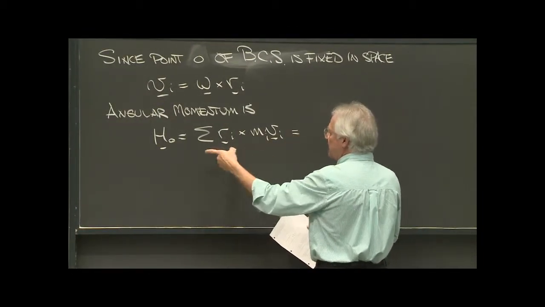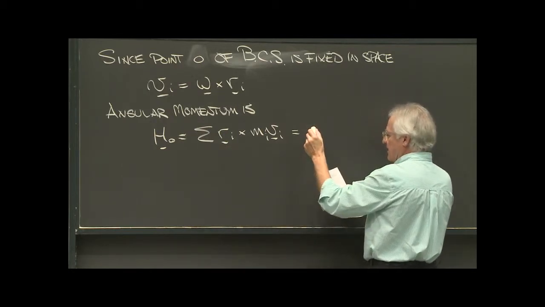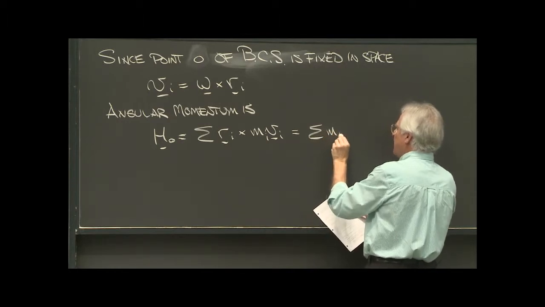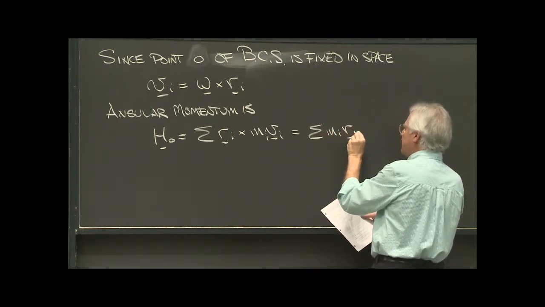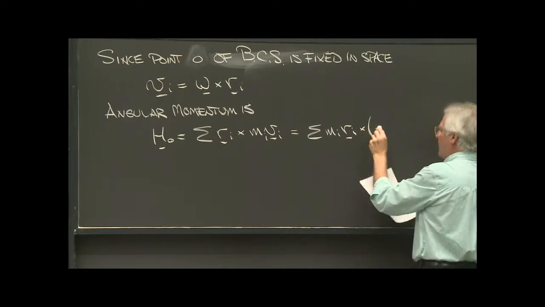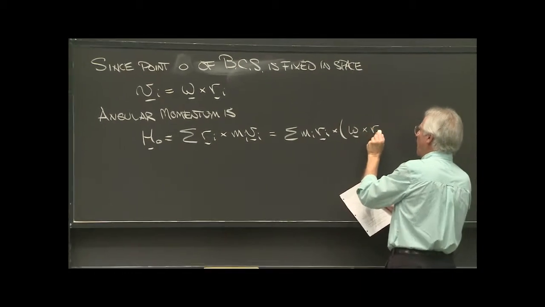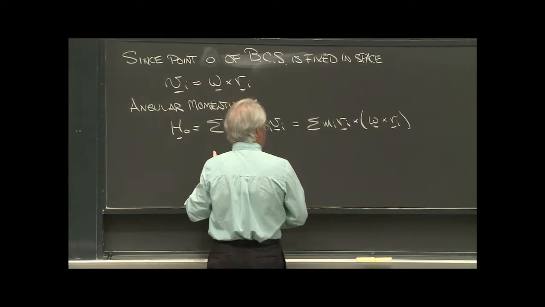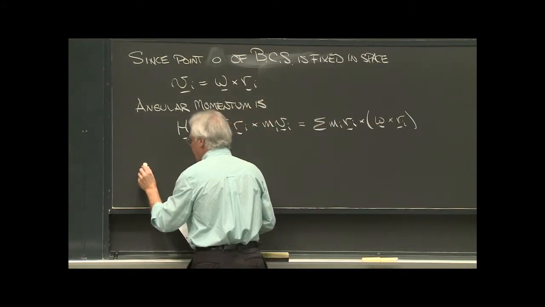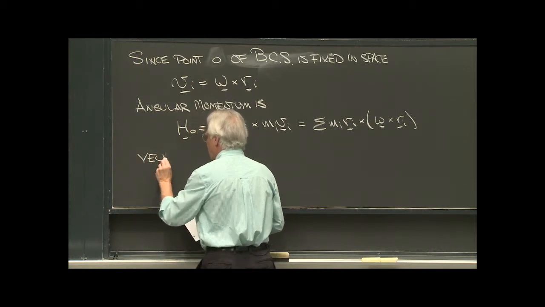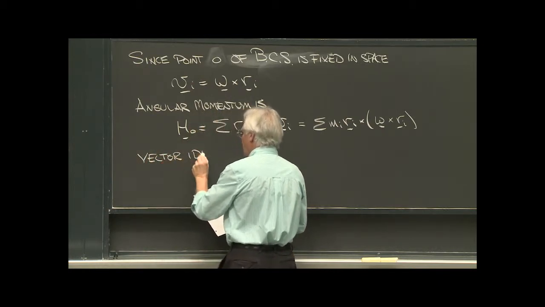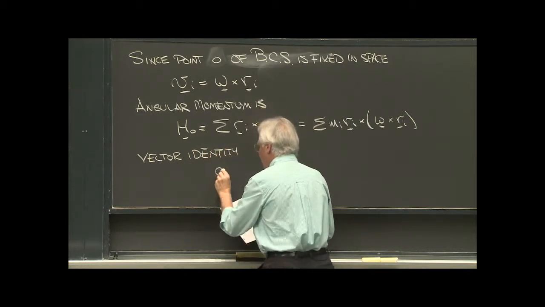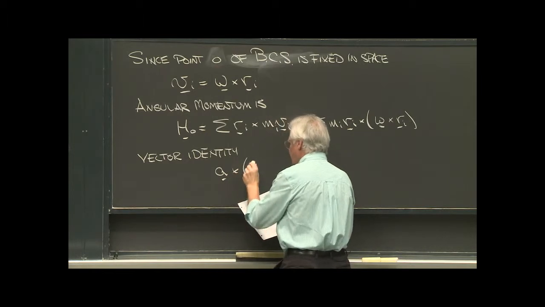This is essentially the definition of the linear momentum for the entire rigid body. And simply expanding this, that's the task at hand. Now, let me just say there is a little known vector identity that you may well not just happen to remember.